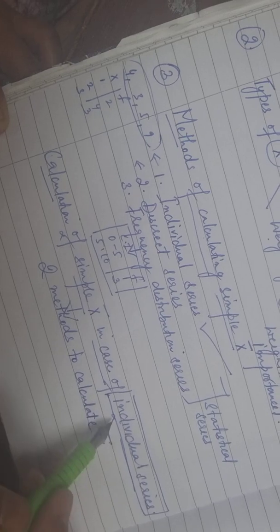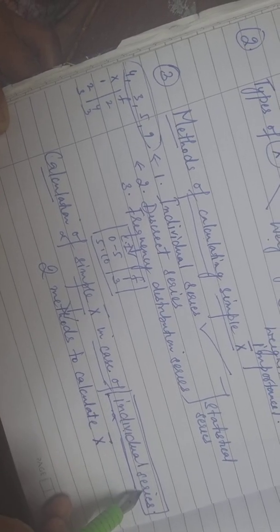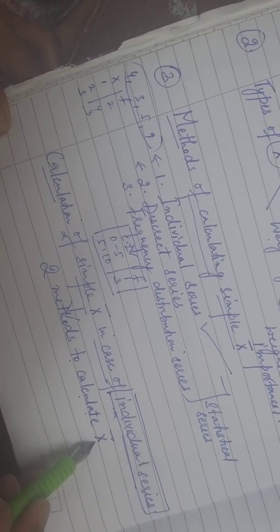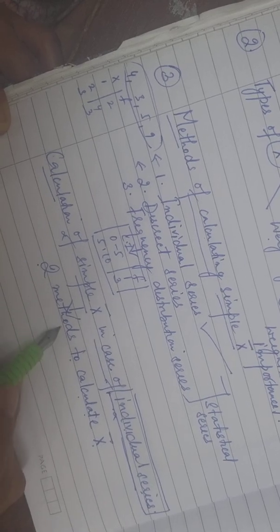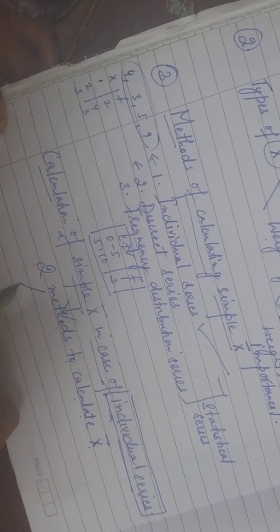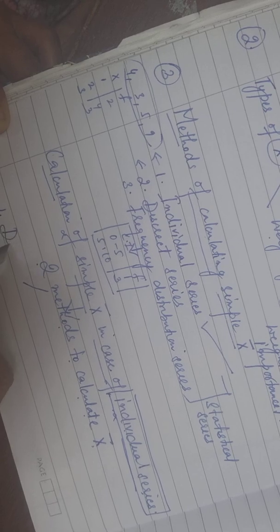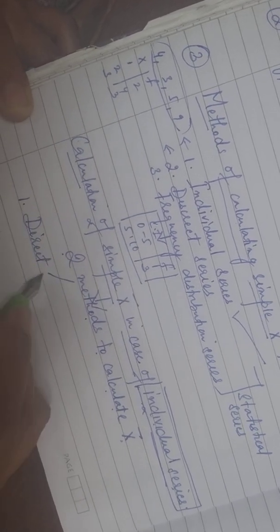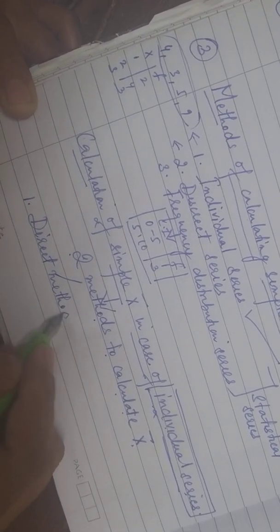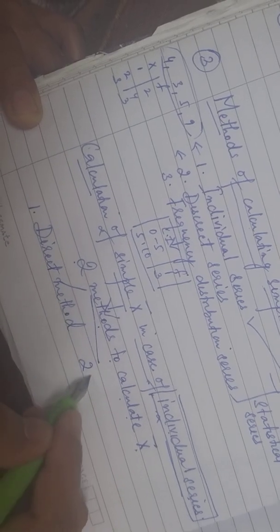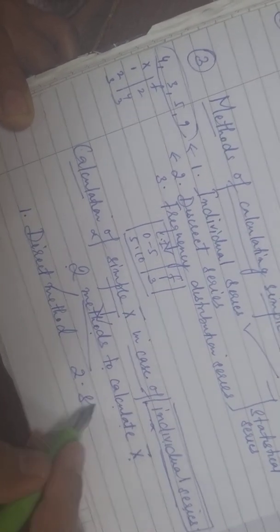Again repeating, in individual series, to calculate arithmetic mean we have two methods. The first one will be called direct method, and another one is called shortcut method.